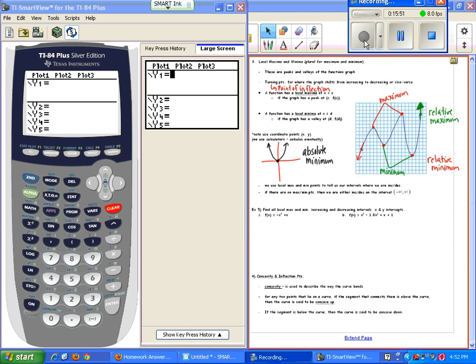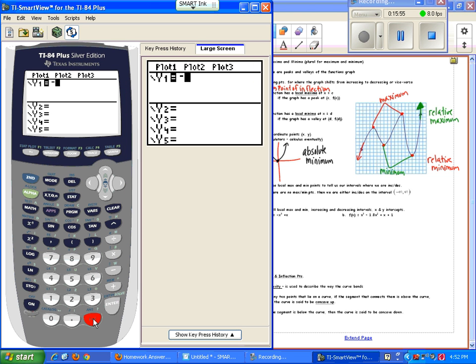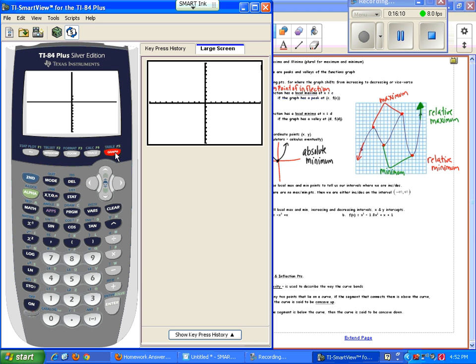So we have in our y equals, negative x cubed plus x. Now that I have this in there, I'm going to hit graph to see what it looks like. Usually, if you don't have a good viewing window, you can hit zoom 6, and that gives you a nice window to look at.